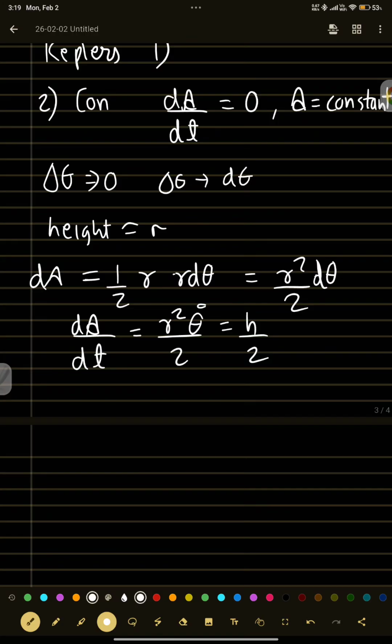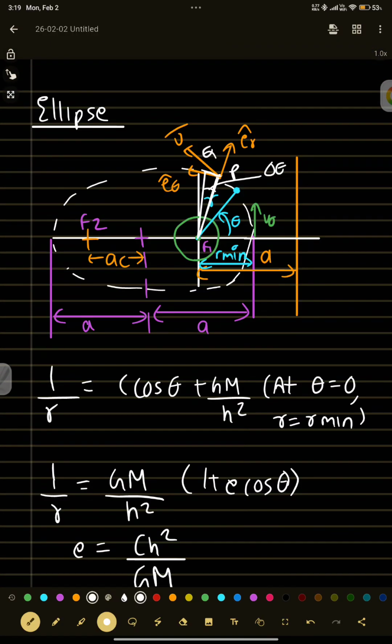So the interpretation is, if you have your satellite orbiting the earth, from this point you switch on a stopwatch and stop it after 5 seconds, let's say it is here. Being very near, the height is reduced, so it must increase the base.